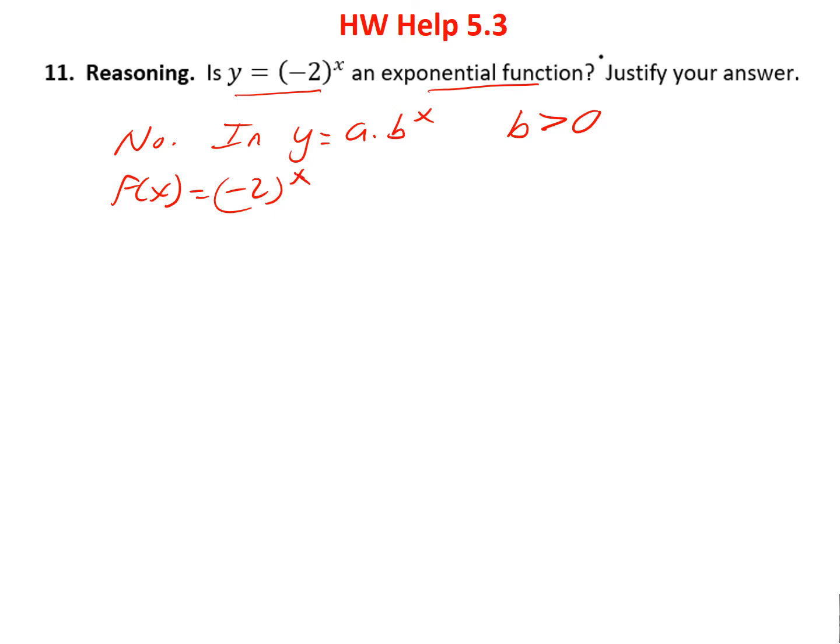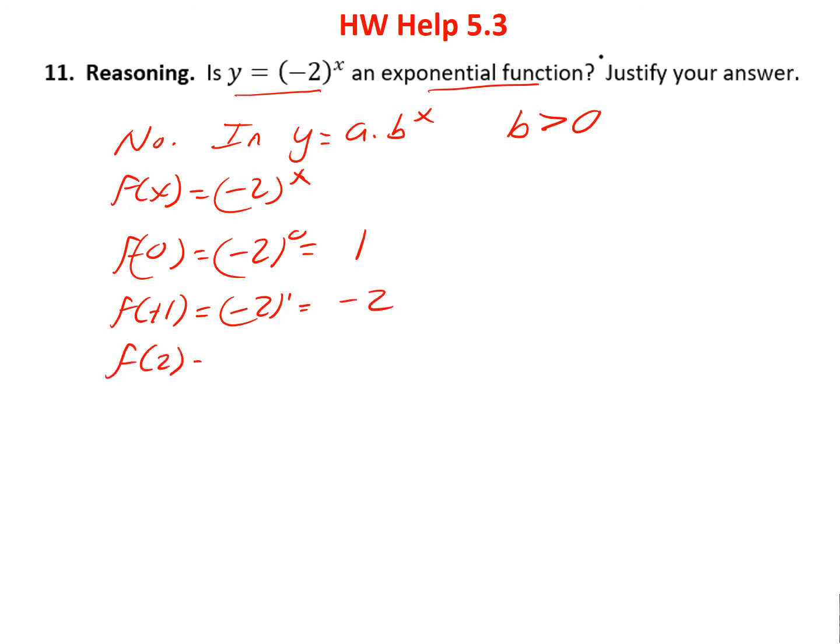And I want you to see what happens. When f of 0, obviously negative 2 to the 0 is going to be 1. When I go to positive 1 then, negative 2 to the 1 is going to equal negative 2. When I go to 2 though, negative 2 squared, a negative times a negative is going to be a positive, so I'm going to go to positive 4.